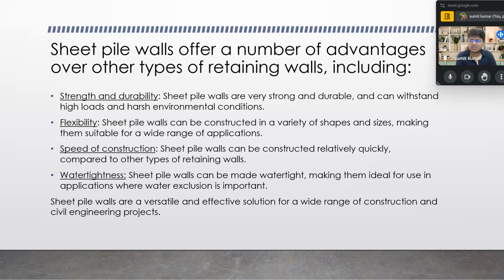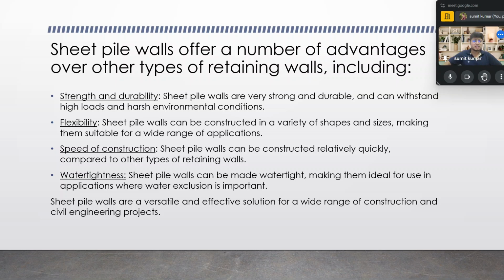After that, sheet pile walls can be made watertight, making them ideal for applications where water exclusion is important. If at some places water needs to be removed, over there also this could be used, specifically in construction practices, or sometimes in some cross section where work is going on, water gets filled again and again.